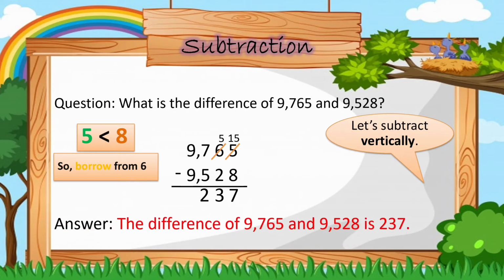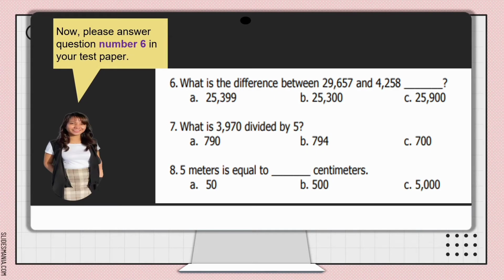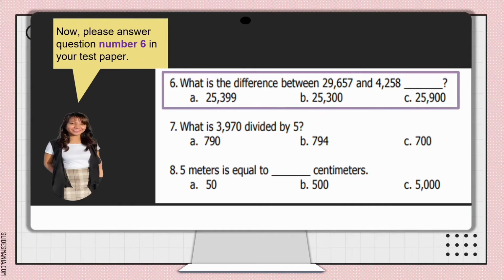So the difference of 9,765 and 9,528 is 237. Again, this is how you're going to subtract numbers. This is an example for question number 6. What is the difference between these numbers? I'm giving you time to answer.